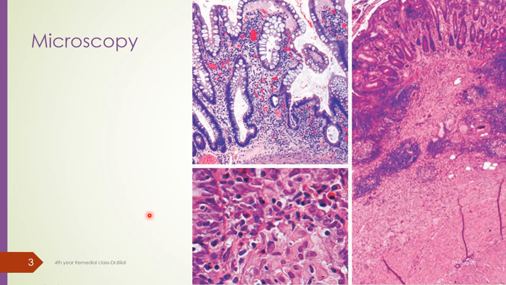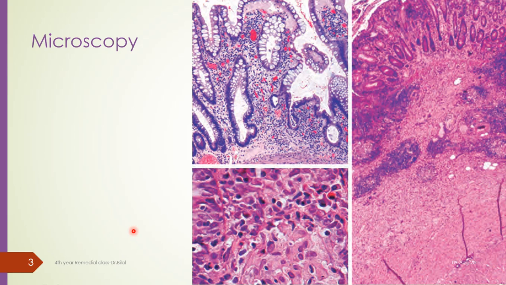So if there are caseating granulomas, it's most likely going to be tuberculosis. But if we see non-caseating granulomas like this one here, which is a collection of histiocytes, it is likely to be Crohn disease when we're talking about the GI tract.